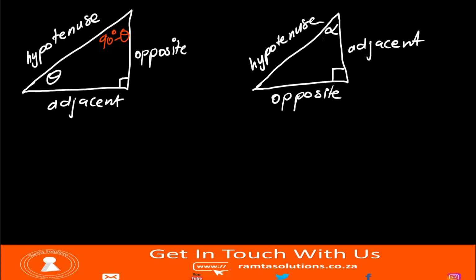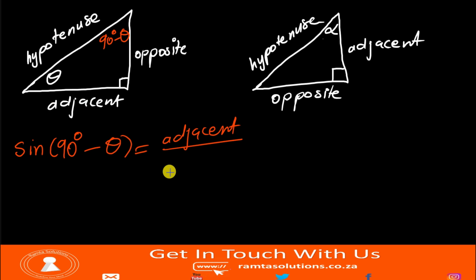Now the question I should ask is this: what is sine of 90 degrees minus theta? It would be adjacent over hypotenuse. Can you see that?